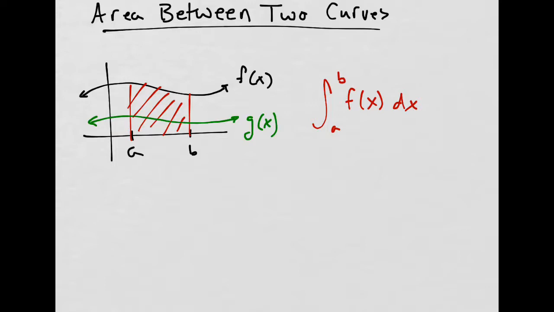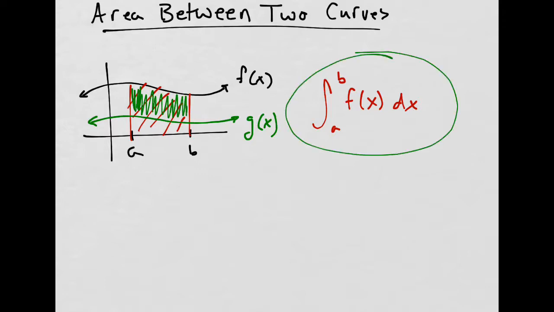If I wanted to find the area between the two curves, which would be this green area, all I would have to do is find this area, which is the red, right? And then subtract off the area from the blue. So let me write that down.